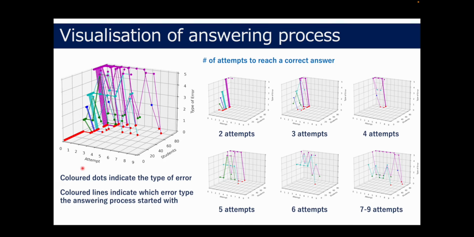This figure allows us to see the general progression from the incorrect answers with high error levels to the correct answers. In the right half of the graph, the solution process is divided into the graph of the number of attempts to reach the correct answer, in order to display the information in an easy-to-understand manner.